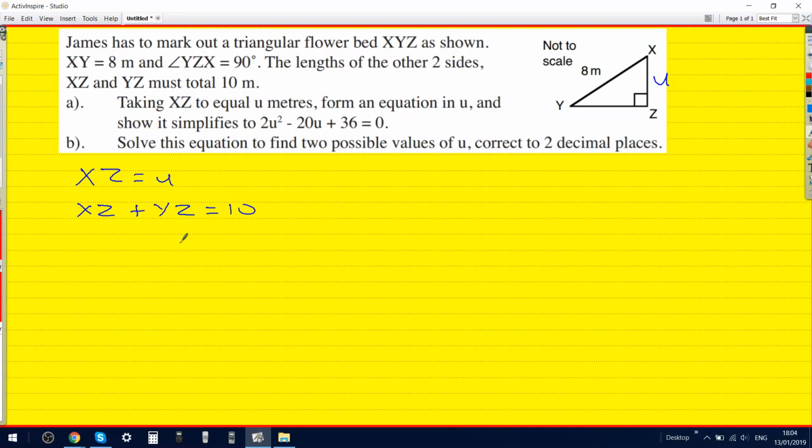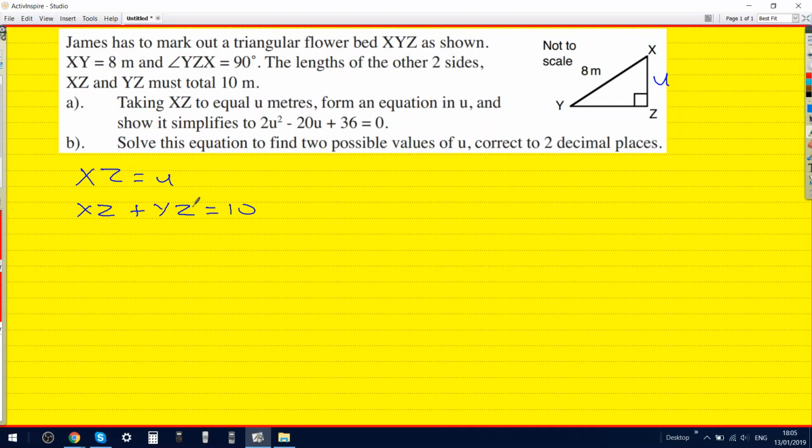So what do you know about YZ? Or what could you call YZ in terms of U? I'm not sure. So you see how it says XZ is equal to U?